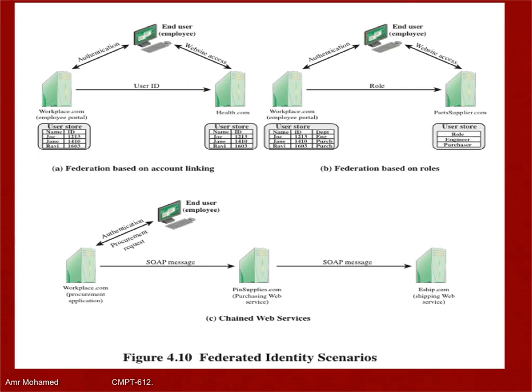scenario. There's also another scenario, federation based on roles. Your identity information here will have some attributes like role, and based on that, when you use another external system, like in that case it's called parts supplier, and our system here is like the finance department at QU, for example.